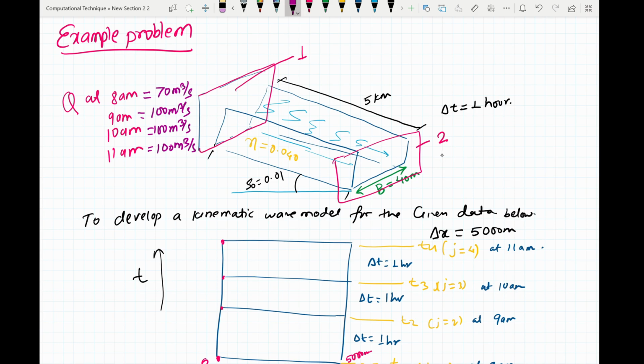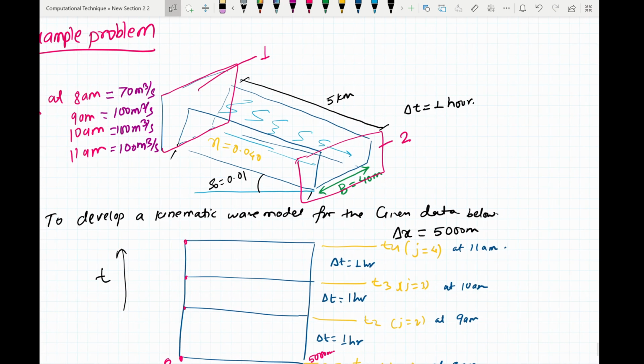And at section 2, you measured your Q at 8 a.m. and you found out that this was equal to 70 meter cube per second. Now your problem is to find what is the flow at 9 a.m., 10 a.m. and 11 a.m.